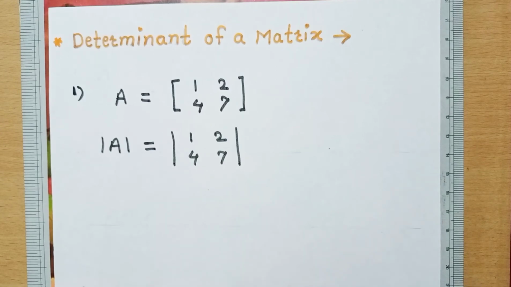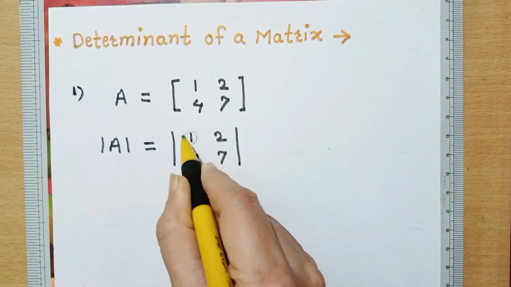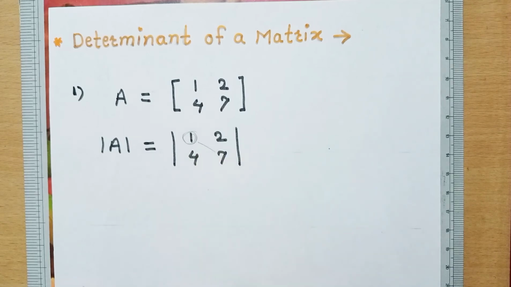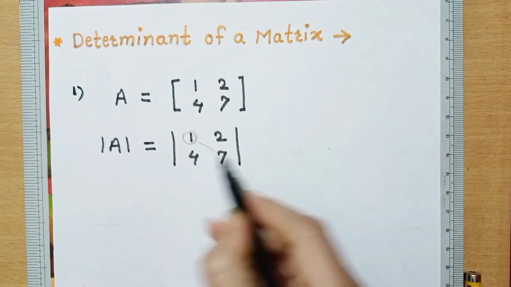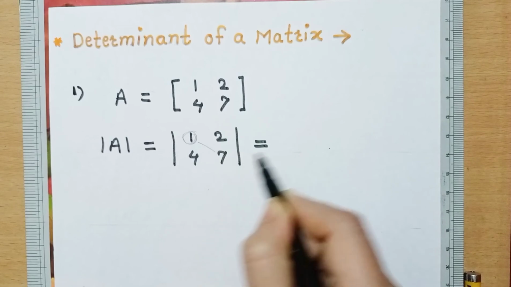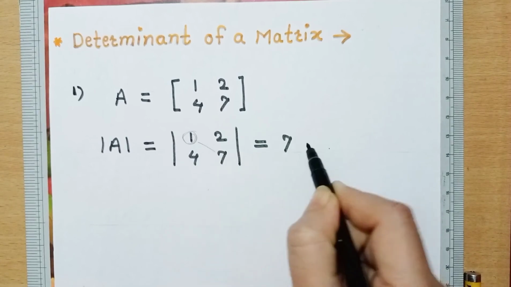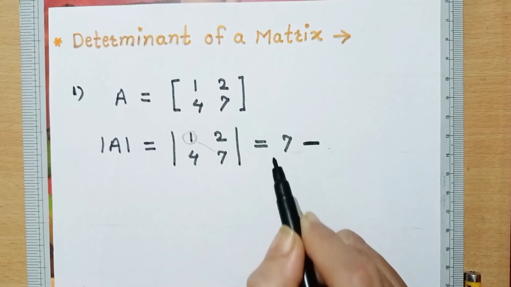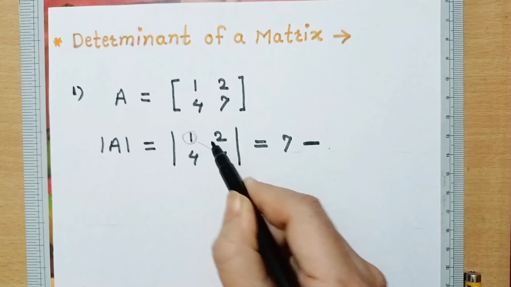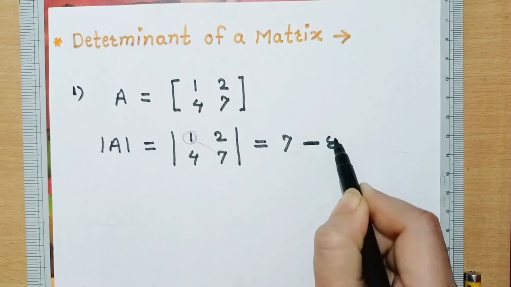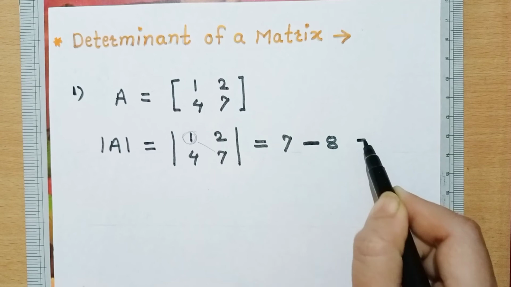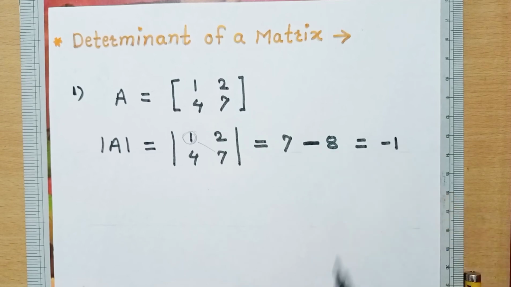Now we have to consider this first number and then cross multiply, so that is equal to 1 multiplied by 7, 7. Then write down middle sign minus, and again multiply these two, 4 2s are 8, and 7 minus 8 equal to minus 1. By this way you have to find the determinant of a matrix.